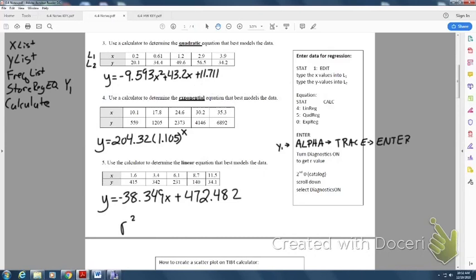Usually that number is going to be 0.99999 something. Okay, it's at least going to have 1 or 2 nines at the very beginning. If you do an equation and that's 0.6 something, you probably need to pick another regression. So that's just kind of a way at the bottom of the screen that gives you the equation. If that number is nowhere close to 1, you're probably dealing with the wrong function. Okay.